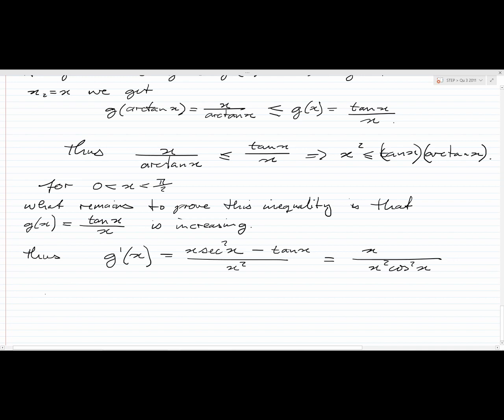But how do we know tan x? Well, tan x is sine x over cos x, if we multiply by cos squared x, we can quite clearly see that's just going to cancel with one of these, and we're just going to get sine x cos x. So that's going to be minus sine x cos x.